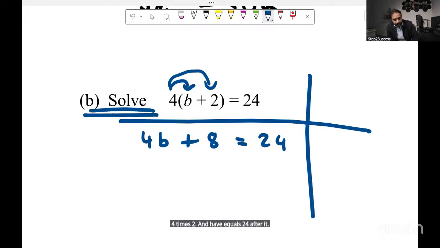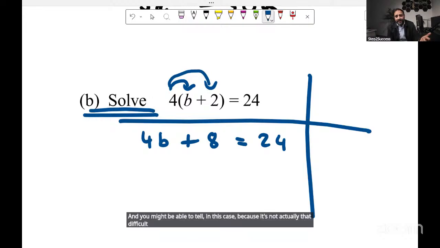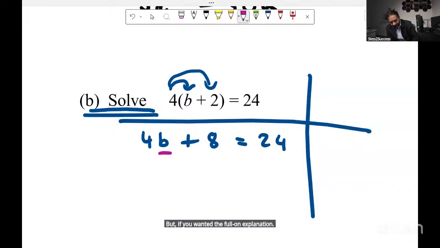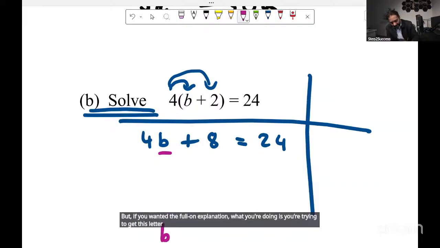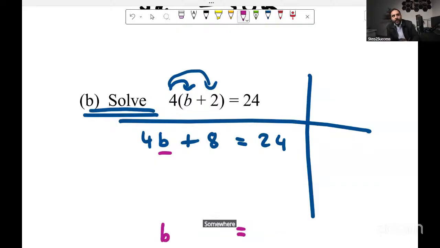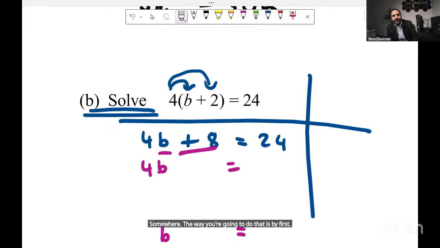To solve something, what we're trying to do is work out what the letter is. And you might be able to tell in this case, because it's not actually that difficult to tell what the answer is. But if you wanted the full-on explanation, what you're doing is you're trying to get this letter by itself somewhere. The way you're going to do that is by first taking away 8.